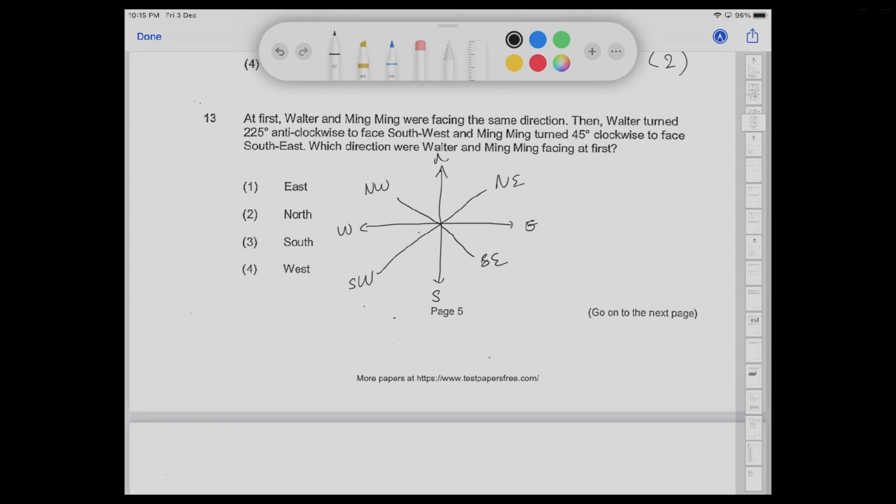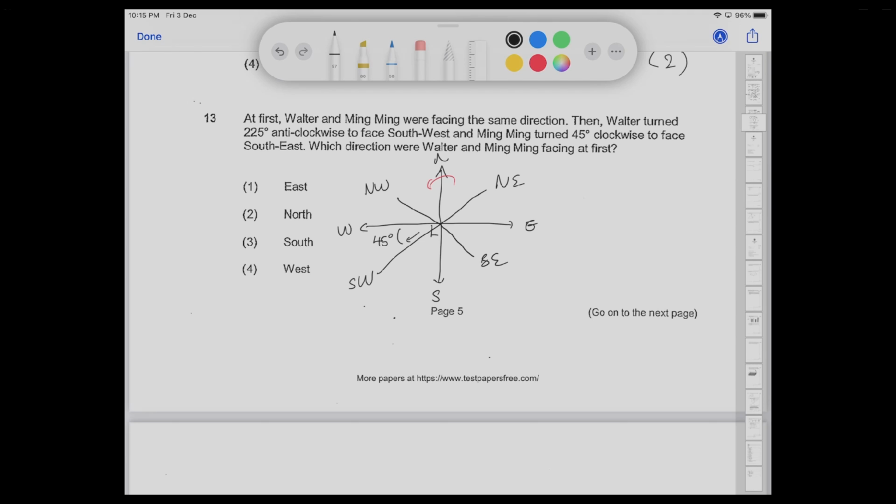So Walter is facing here, right? But he turned 225 degrees anti-clockwise first. What is anti-clockwise? It's going in this direction. So 225 degrees. We know that this is 90 degrees, so obviously this angle is 45 degrees.